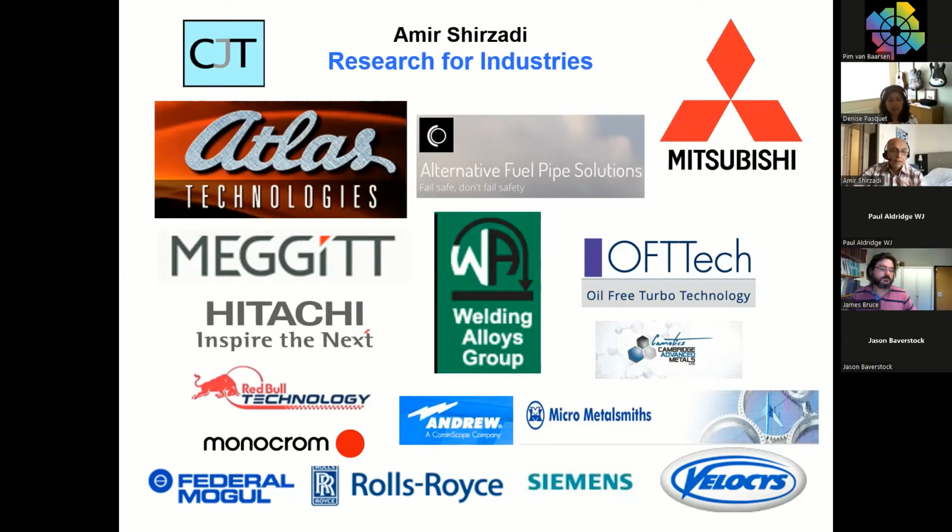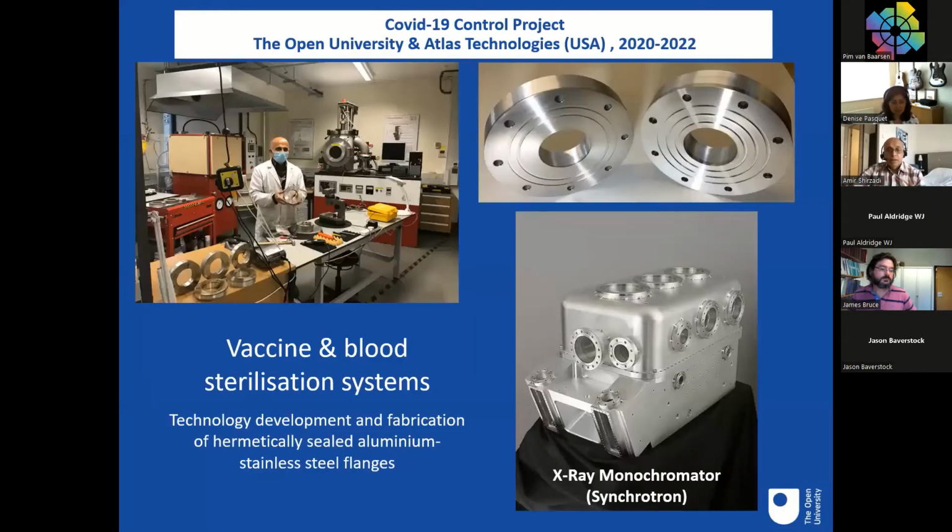Next slide, please. Yes, this is a typical example, just at the start of the pandemic, when the demand for production of the vaccine went up. The components of vaccine manufacturing are all sterilized using a very high intensity X-ray based sterilizer, which are mostly made in the United States.